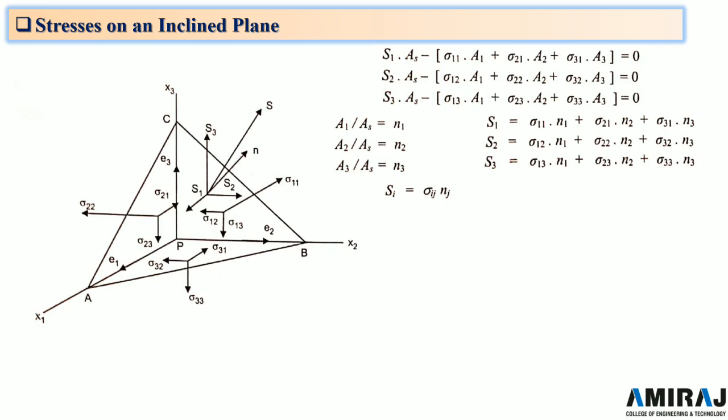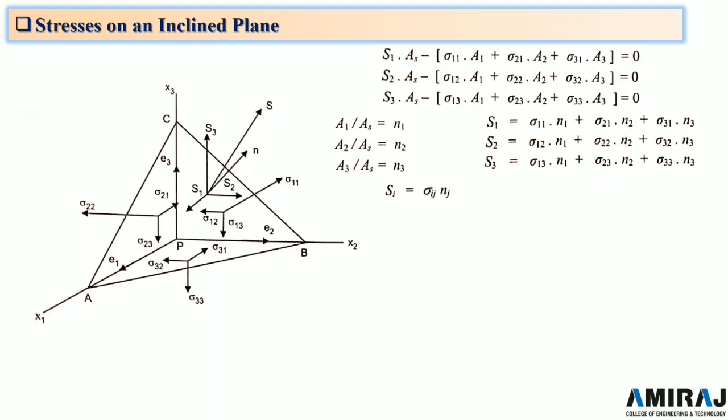Thus, sigma n can be obtained by the dot product of the vector S1, S2, S3 with the unit normal vector small n.